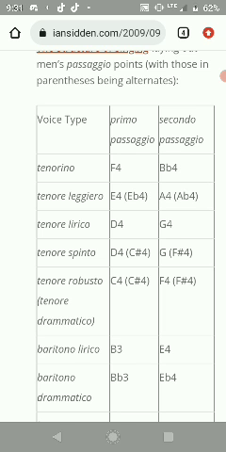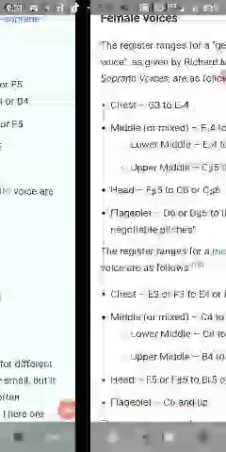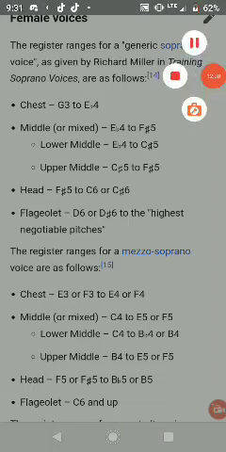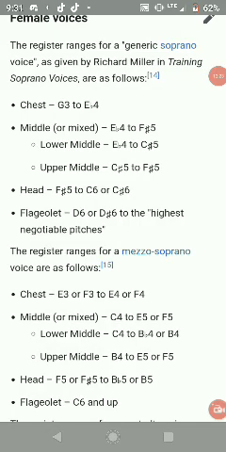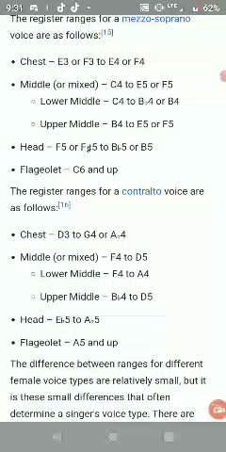But that would still basically put me right in between tenors and contraltos, honestly, because the contraltos I've shown, their transition points, as you can see, is, well, that's soprano, oops, it's around E3 to about E4, and then their middle voice is C4 to F5, and then their head voice is around F5 to B5.